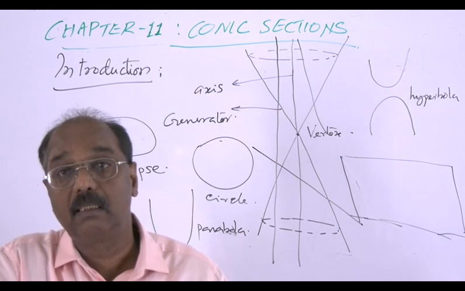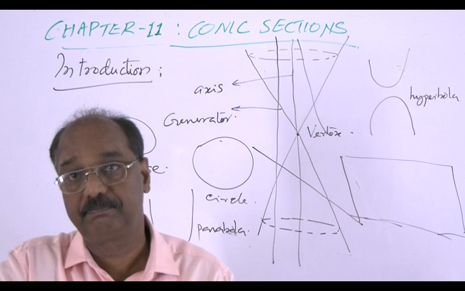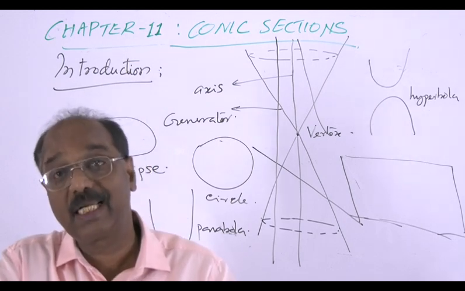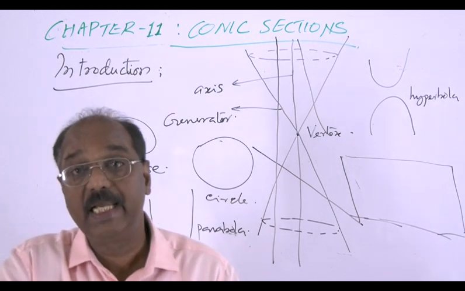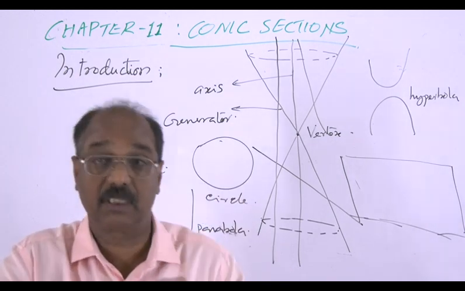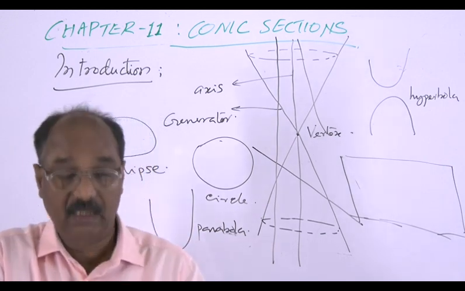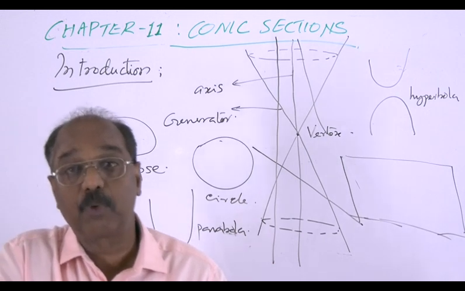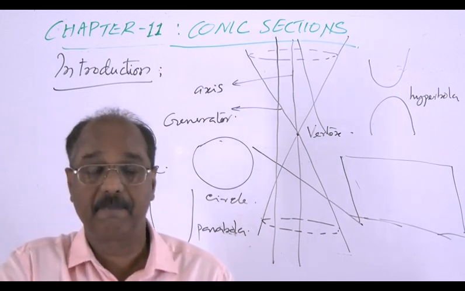And then we can have equations of these curves, and also certain related results of these curves. Various results. Like in the case of straight line, we have seen in the previous chapter, equation of straight line, then certain properties of lines.